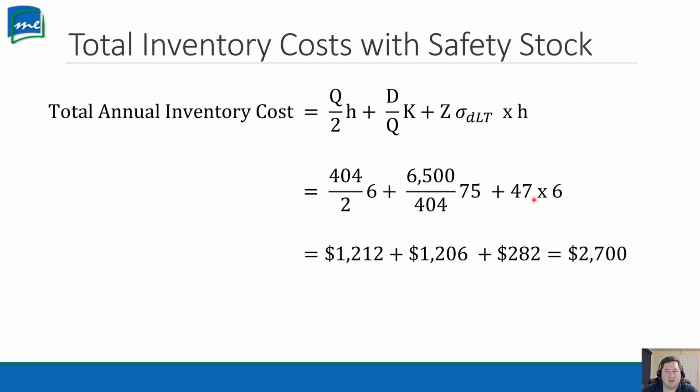We round it up because you can't have a decimal in your safety stock. You can't order a decimal of a unit, and you don't want half a headphone in this scenario. So we round it up to 47 times the holding cost. When you do all the math, it comes to $2,700 as our annual inventory cost.